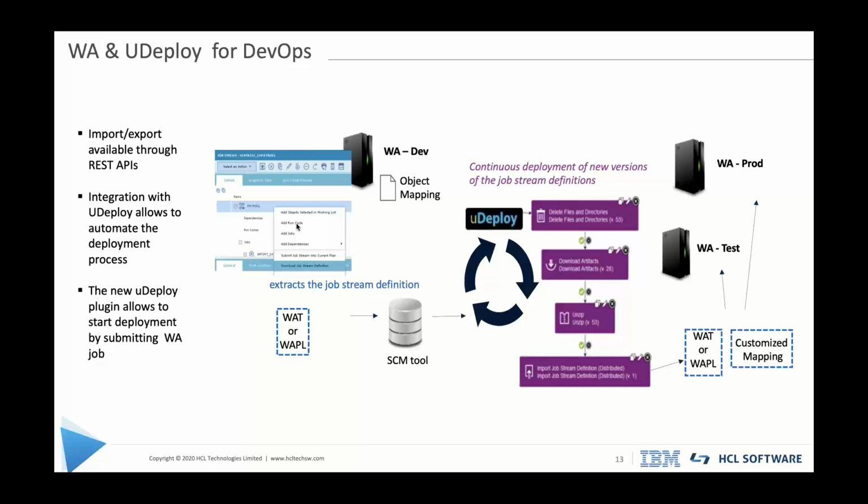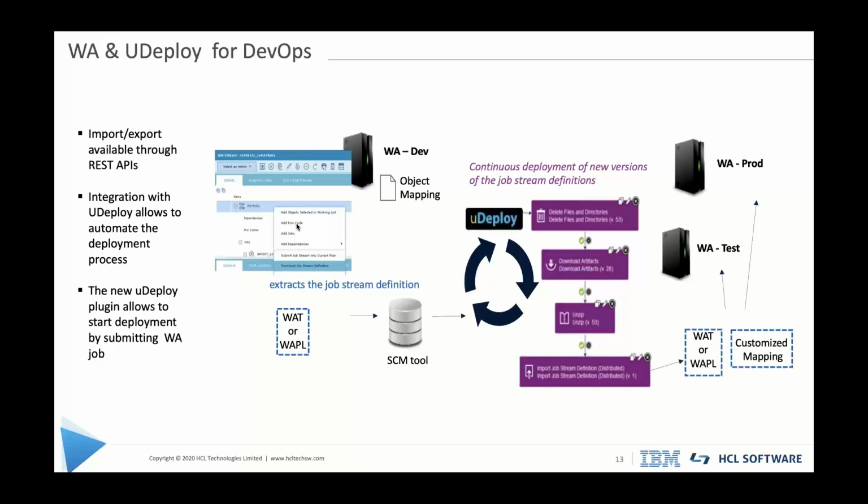So you still have the step of downloading the definitions from our user interface, either DWC or ISPF if you wish, importing these definitions, downloading them to the source code management tool, and then you can automate the flow, the process with Urban Code Deploy.